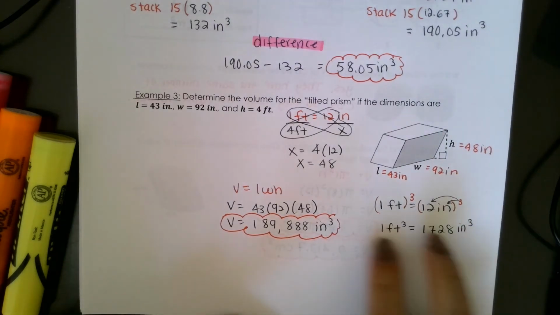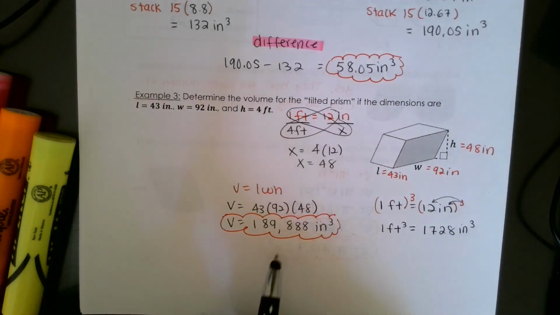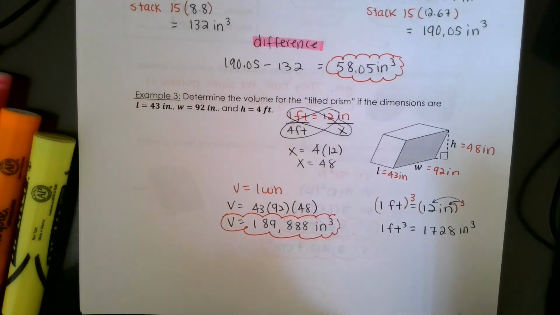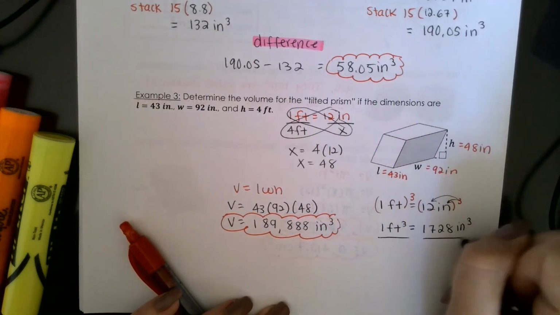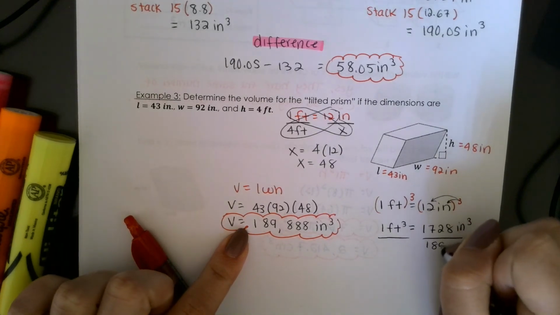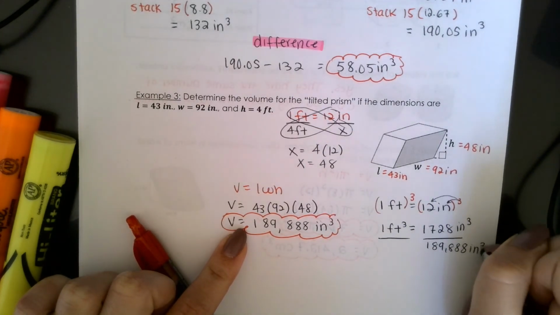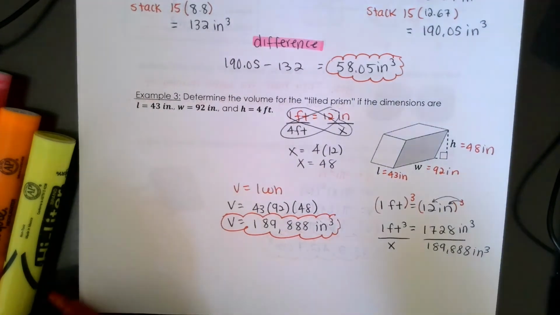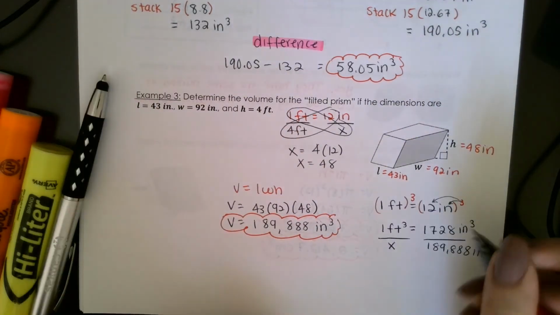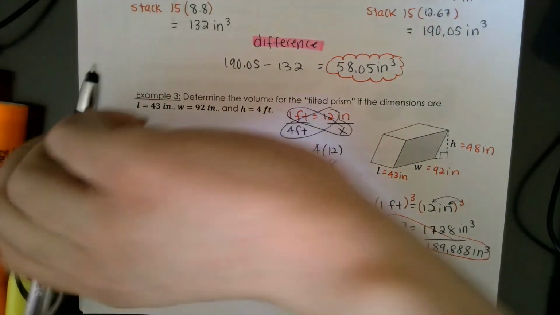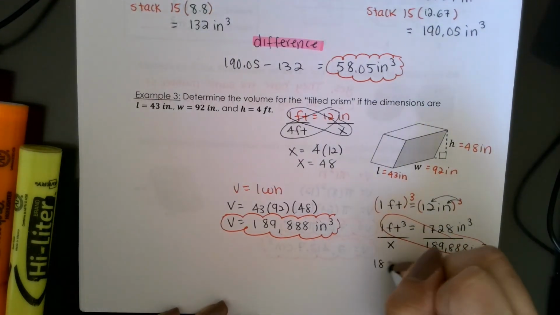So now that we're all in the same units, you can still do the cross multiplying. So you want to know how many feet it would be for 189,888 inches cubed. So I'll put the inches underneath, because it's inches cubed. Now I want to know how many feet cubed it is. So that's why we have to put it in cubed. And then boom, cross multiply. So you'll just have 1 times that, so it's the same thing.